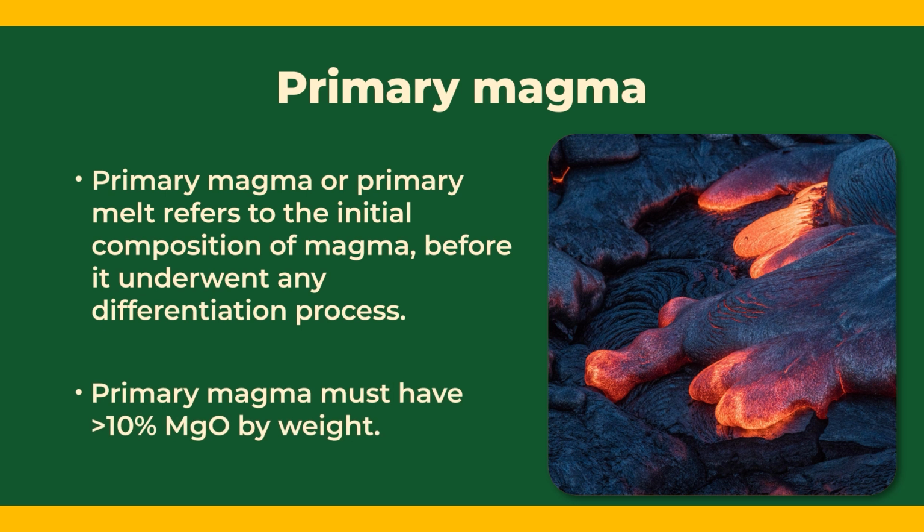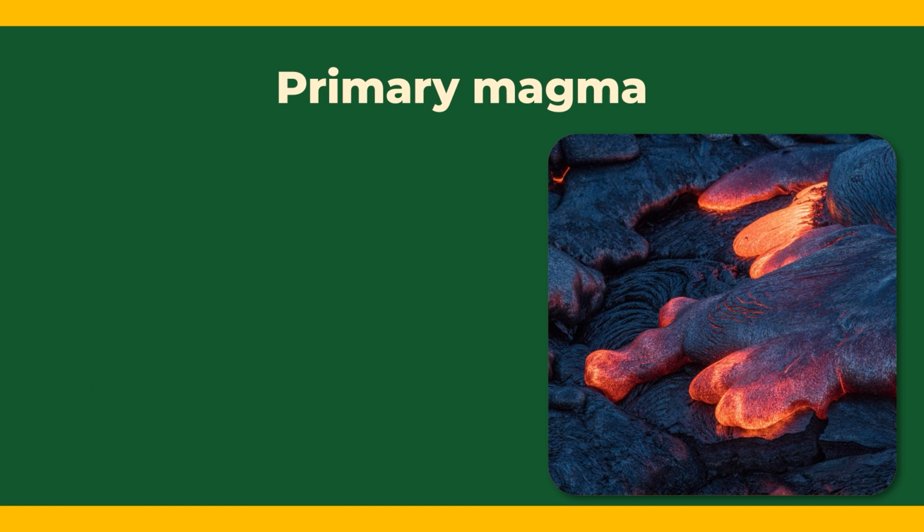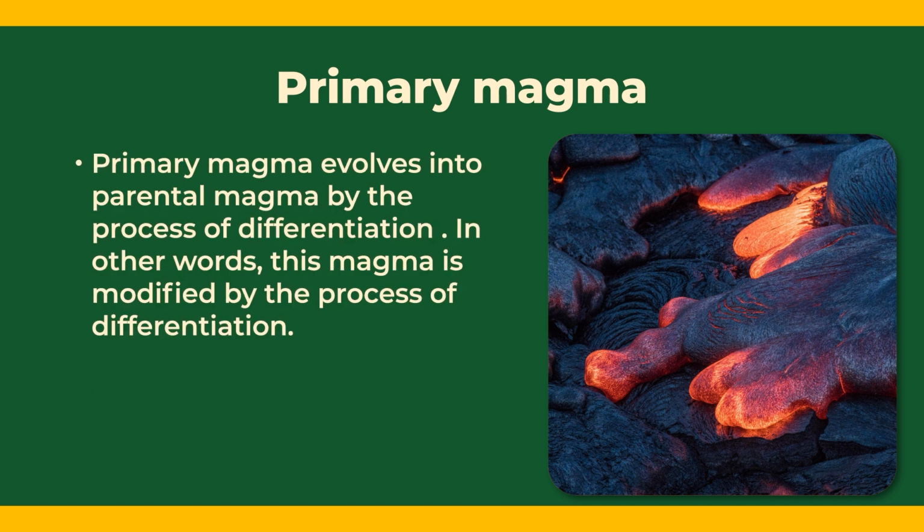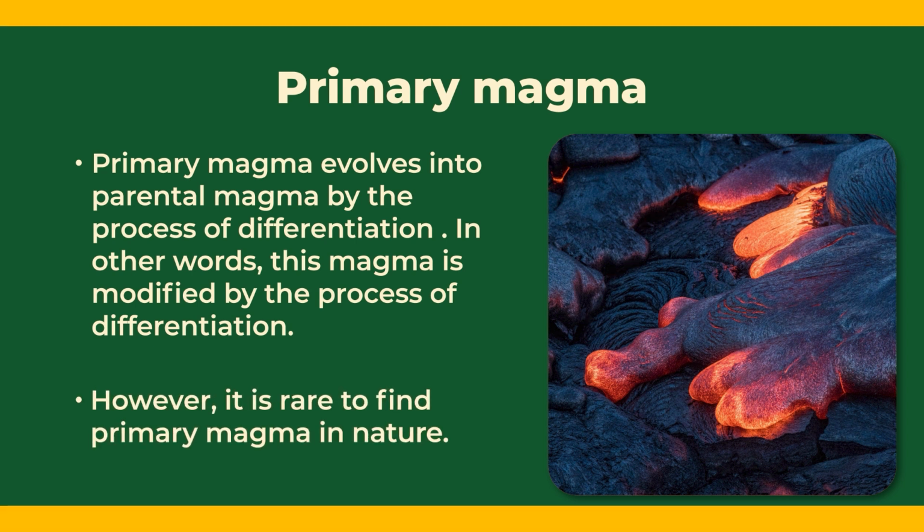Primary magma must have more than 10% magnesium oxide by weight, and primary magma evolves into parental magma by the process of differentiation. In other words, this magma is modified by the process of differentiation. However, let me tell you, it's very rare to find primary magma in nature.